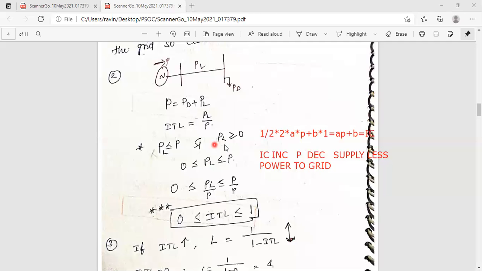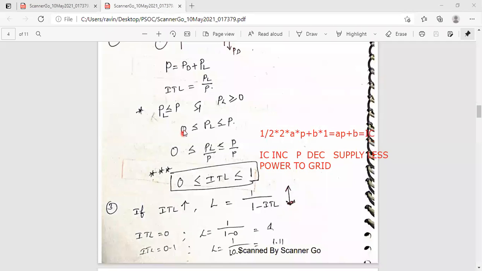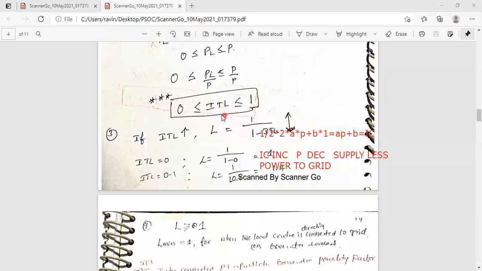It should be greater than or equal to 0. So we can say your incremental transmission should not increase beyond the range between 0 and 1. If it should not be increased, your transmission line losses are 0, let's say. Incremental line losses are 0.